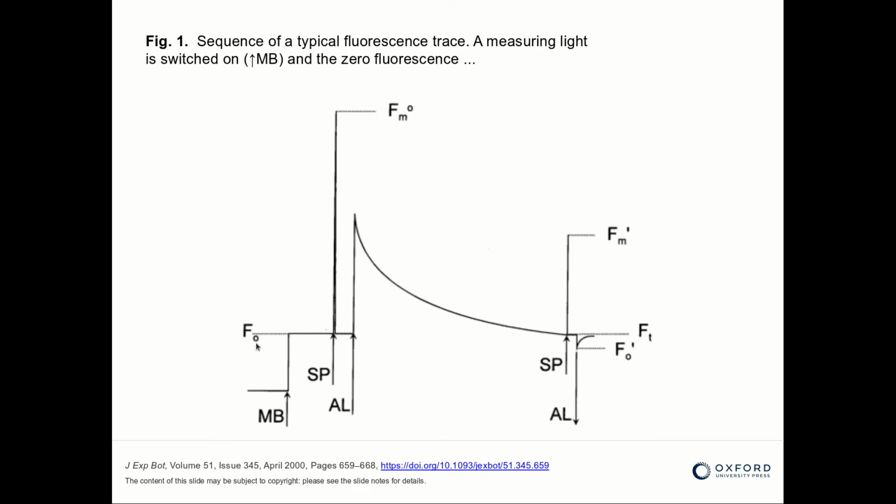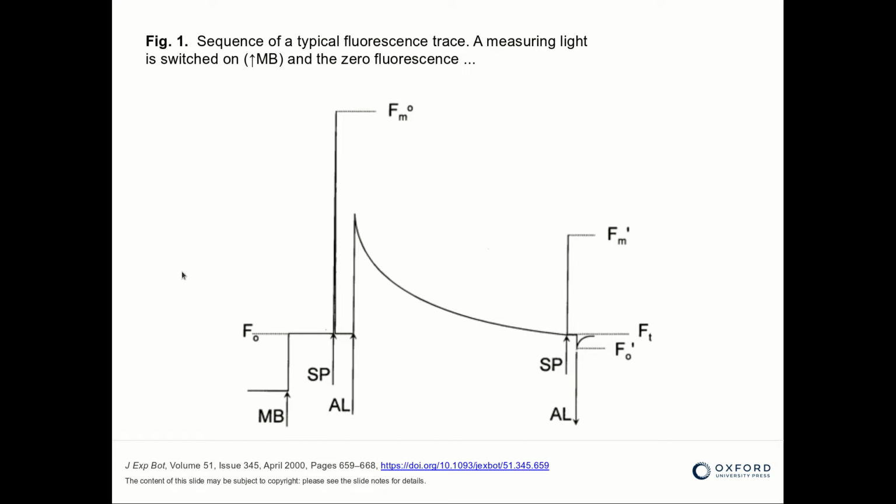So we can measure the fluorescence when the leaf is in the dark, and if it's been in the dark for a sufficient amount of time, all of the photosystem 2 reaction centers should be in their open or relaxed state, so that's P680 as opposed to the P680 star.